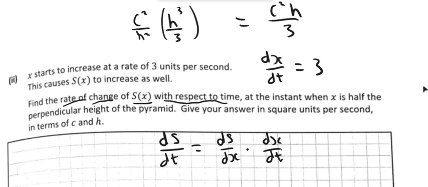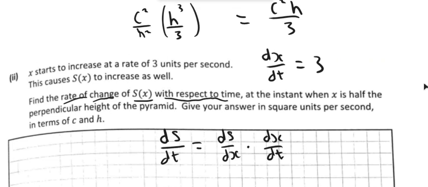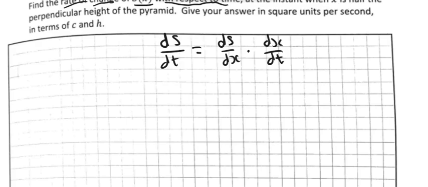We already know what dx dt is, we just need to get what ds dx is. So we know that s is x squared c squared over h squared. So we want ds with respect to x.